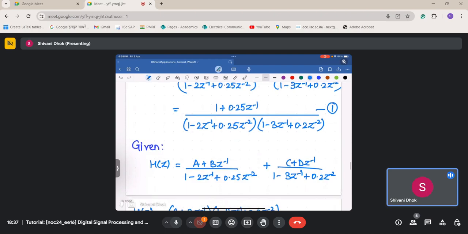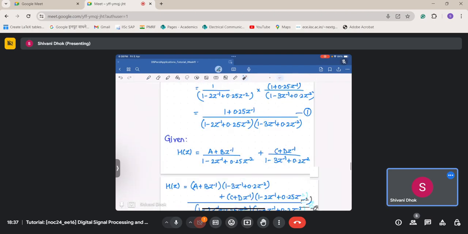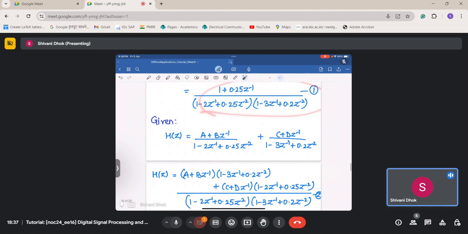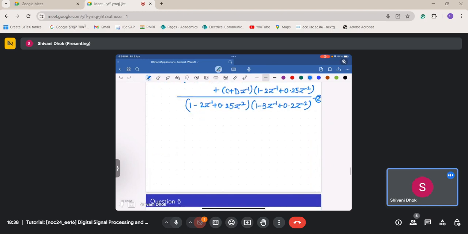Now if I compare equation 1 and equation 2, this denominator part is the same. So both of them have the same denominators, which means they should have the same numerators also. So this quantity here should be equal to this quantity.